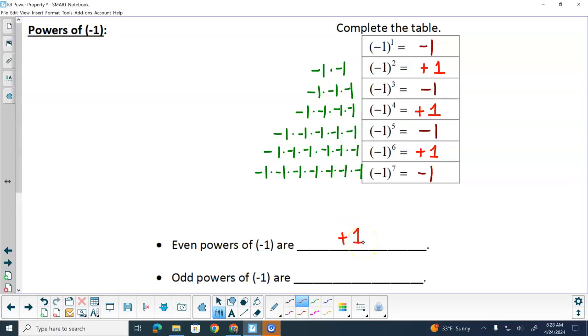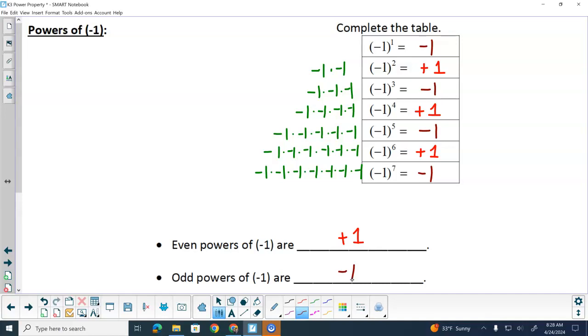Odd powers of -1 are -1. That's the only number that works for. That does not work for any other number other than -1. Doesn't even work for +1, because for +1, the even powers are +1, and for odd powers, it's +1. The only number that works for is -1.